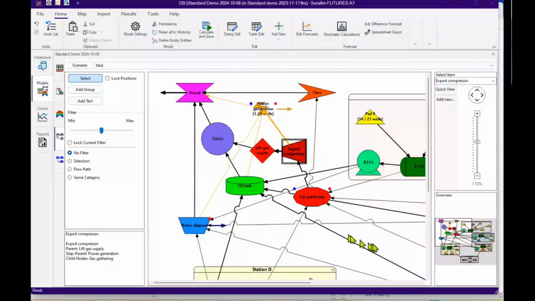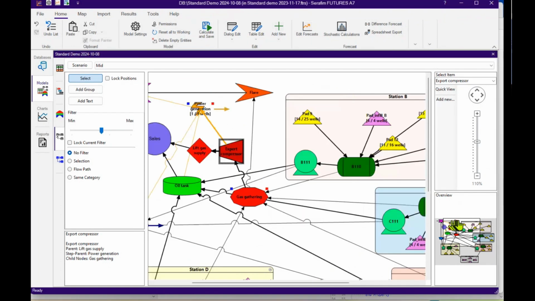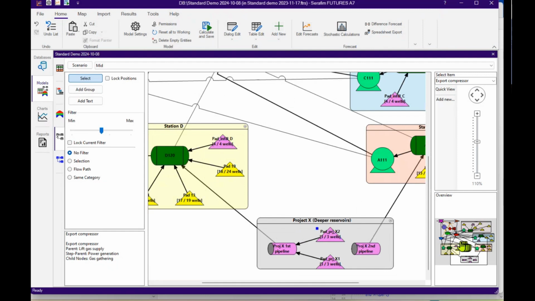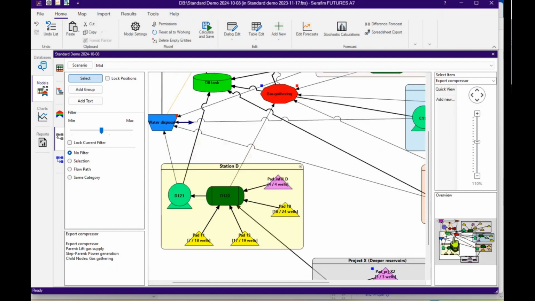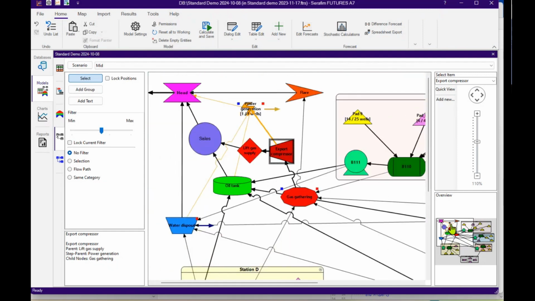And we're going to demonstrate it with the same standard demo model that we used in our earlier video about fuel and flare and power. This is the standard futures. One of the standard models is a model with approximately 200 wells and a reasonably complex network.